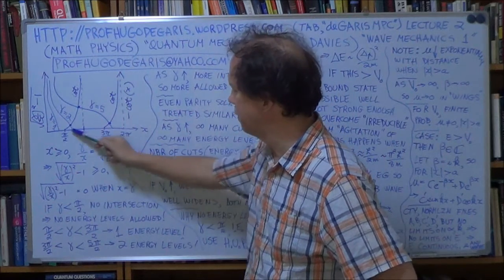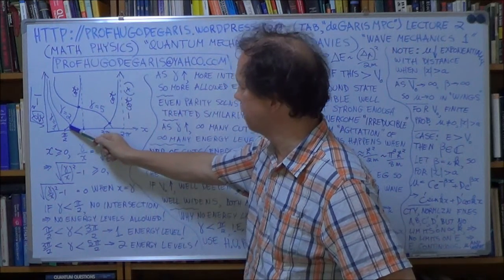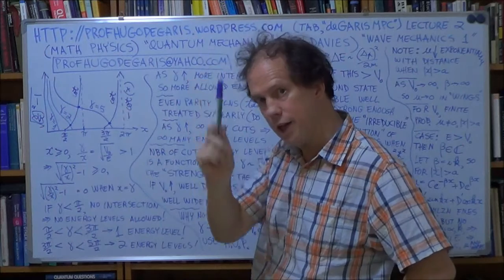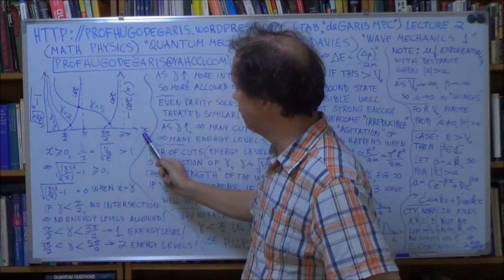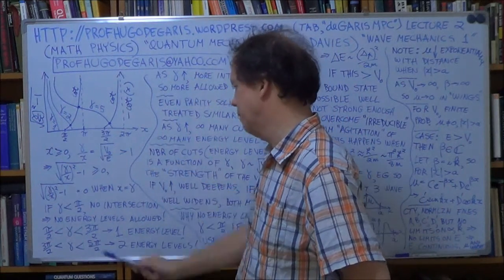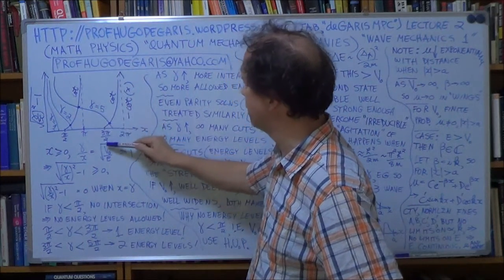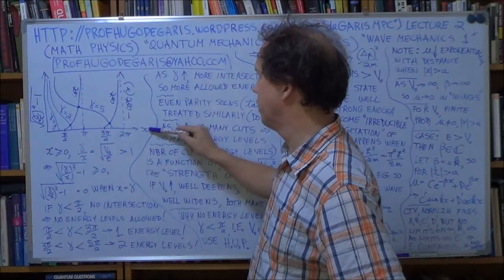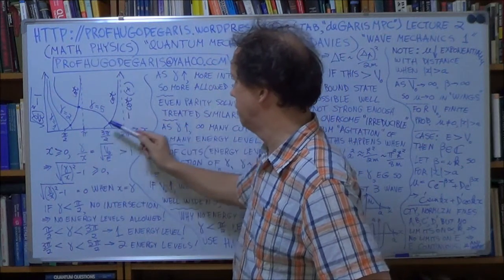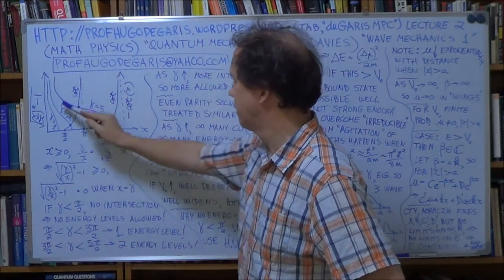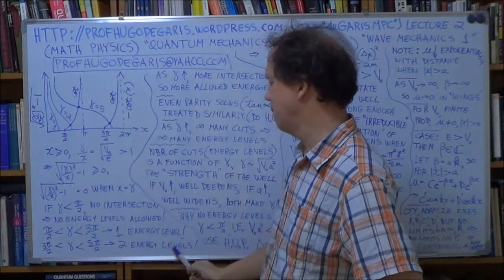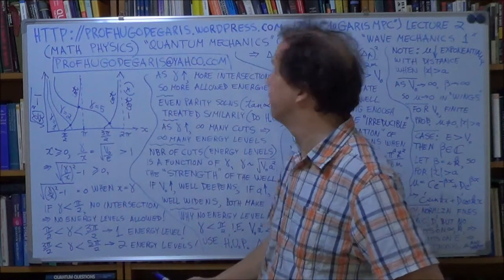In this region, there'll just be one intersection. Okay? So there should be one allowed energy for that range. Well, how about between 3 pi over 2 and 5 pi over 2? Then you get two intersections. Okay. So you have two allowed energies.